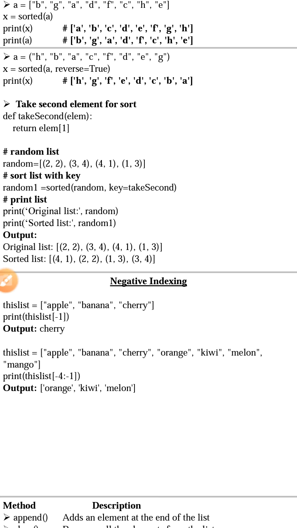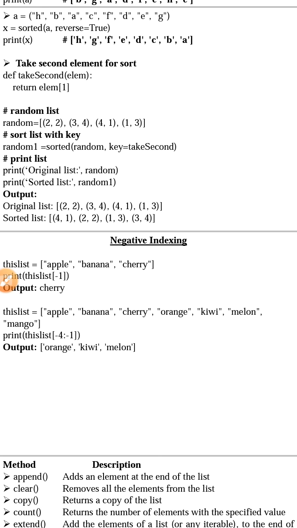When we call the sorted function on random with key equal to take_second, as we have discussed, it will store all the sorted values in random1 and the original list is unmodified. Hence, in the output we can see that the original list is as it is, whereas the sorted list prints (4, 1), (2, 2), (1, 3), (3, 4), because all these elements are sorted based on the second value of each element.